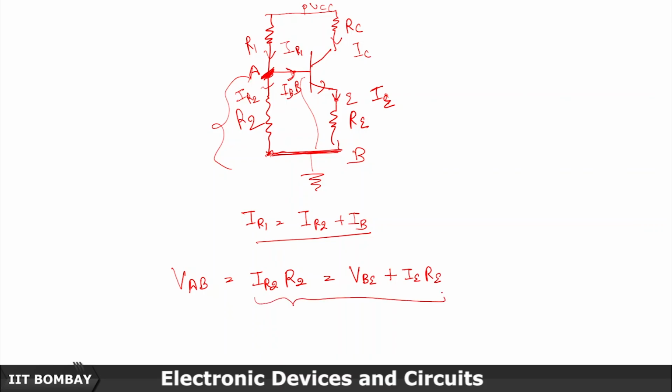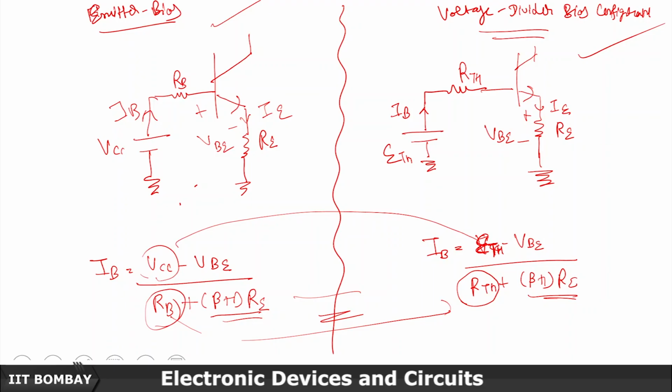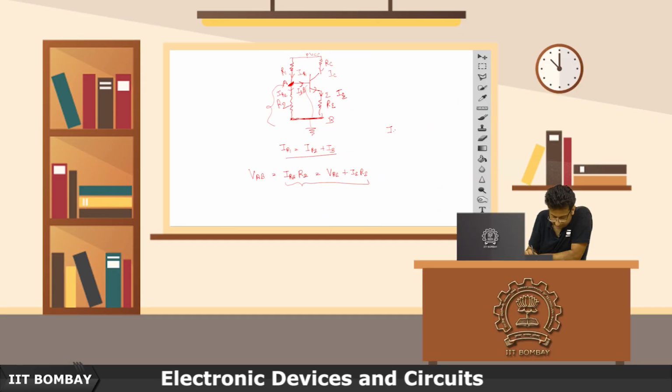So, this equation should hold true always. And we know that IE is equal to (beta plus 1) IB. So, if I replace this here, I get IR2 times R2 is equal to VBE plus (beta plus 1) IB RE.